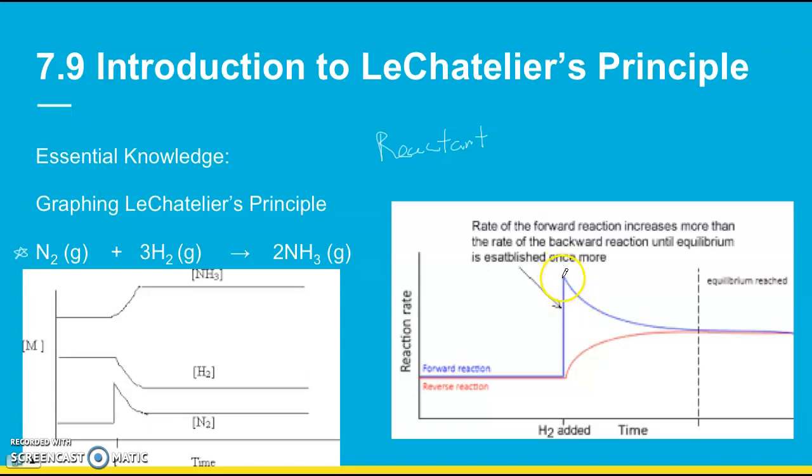So the forward reaction is favored, but as we proceed towards our new equilibrium, the forward reaction slows down, the reverse reaction speeds up until you've established your new equilibrium conditions. So at this point we have equilibrium reached again.